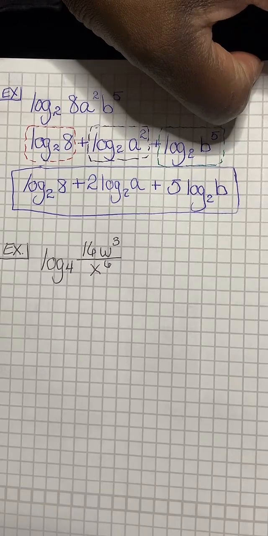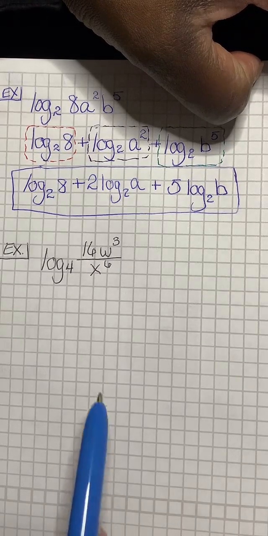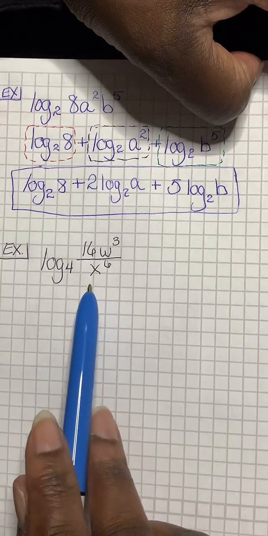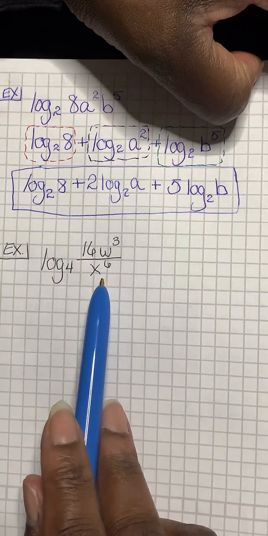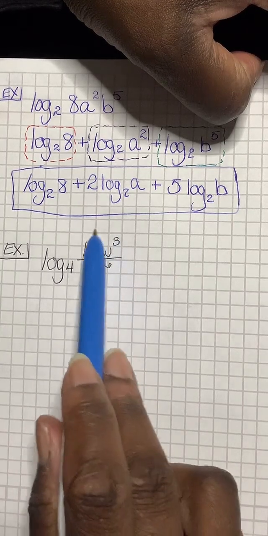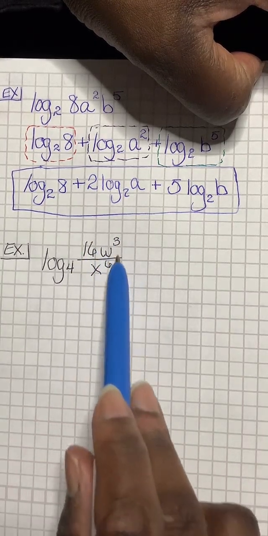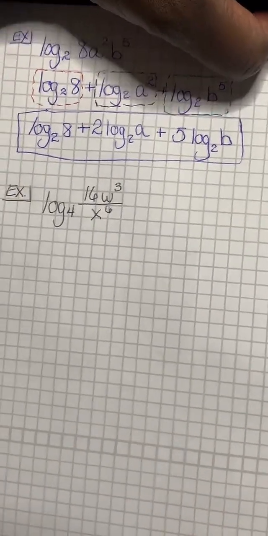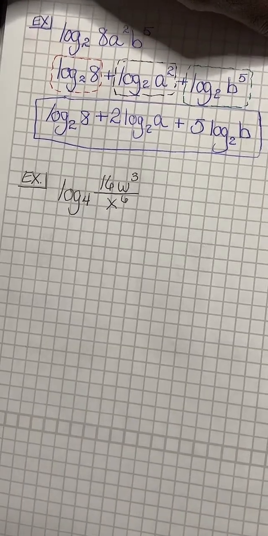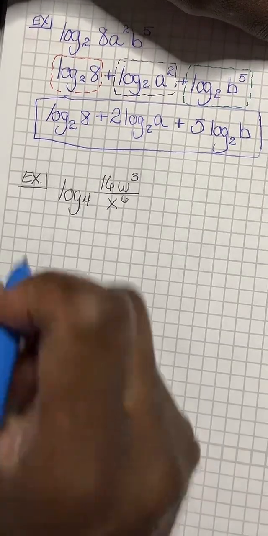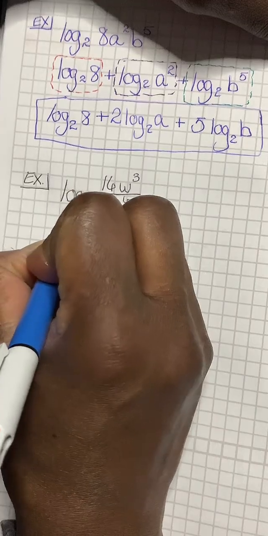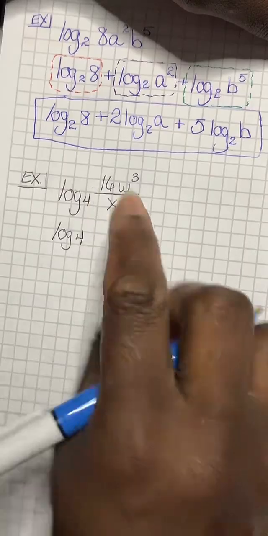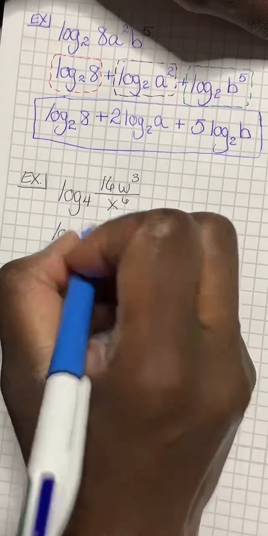So, here we go. First thing, let's take care of that quotient. Give them their own log base 4. So all we're doing is expanding. So that means we have our log base 4, start with the numerator.